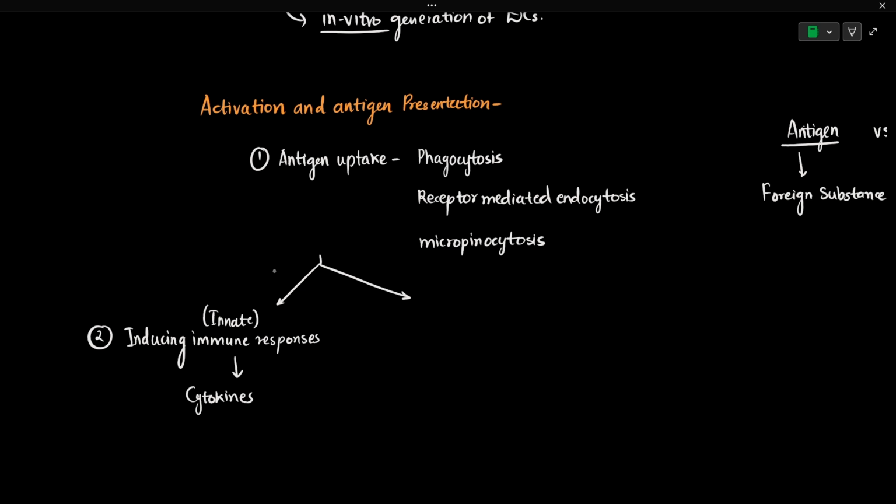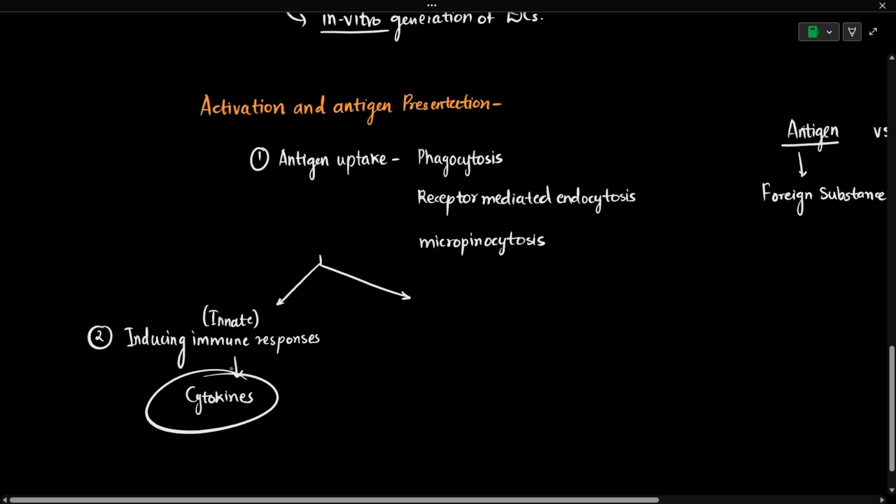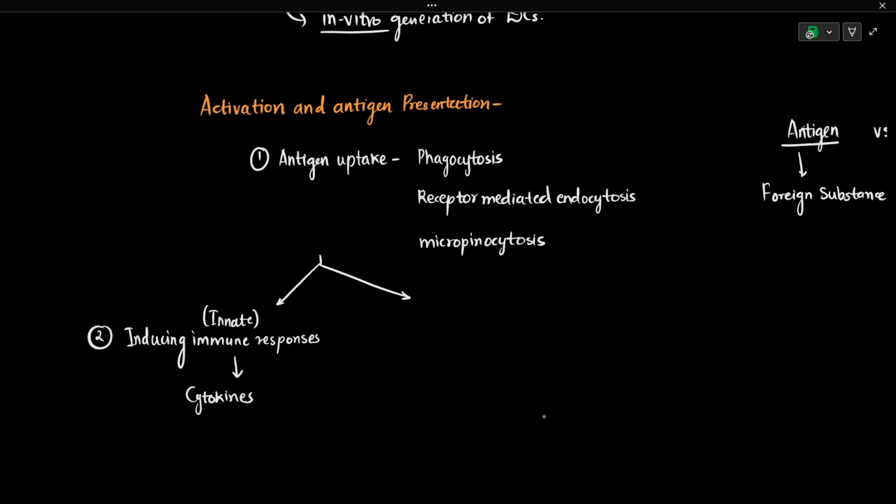So the dendritic cells are going to release cytokines. Those are chemical signals, immune system mediators, and they alert other immune cells for the activation of immune responses. And dendritic cells will also present the antigen which they have taken in, presenting the antigen to the T cells.